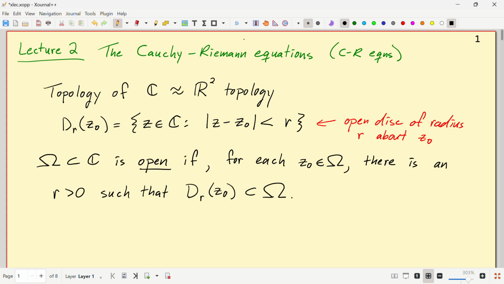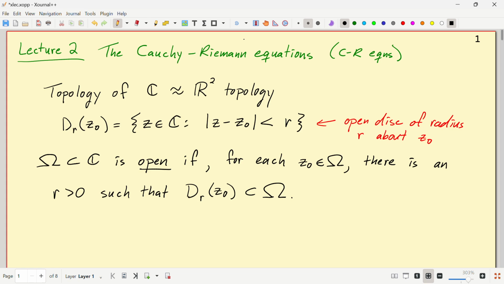Omega, a set in the complex plane, is open if for each point z naught there's a positive radius, and of course that radius might depend on z naught. If z naught's near the boundary, that would be a little tiny disk, and if z naught's well inside, it'd be a much bigger disk maybe. Anyway, there is an r bigger than 0 so that you can stick an open disk totally inside omega. That's the definition of openness.